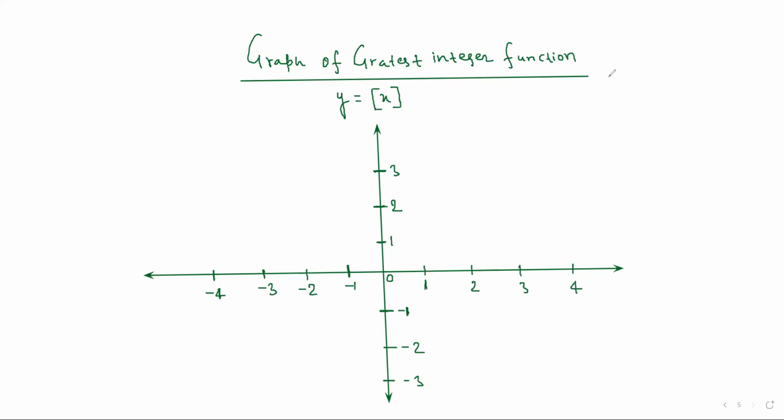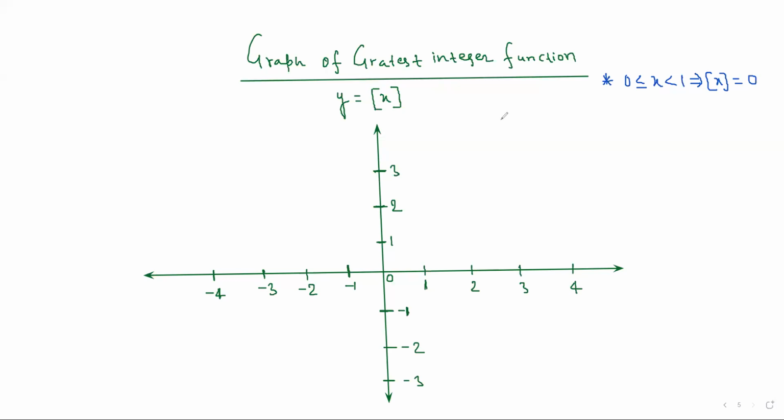Guys, let's suppose x lies between 0 to 1. So the greatest integer function of x is what? Simply 0. Got it? Yes or no? This is clear or not?